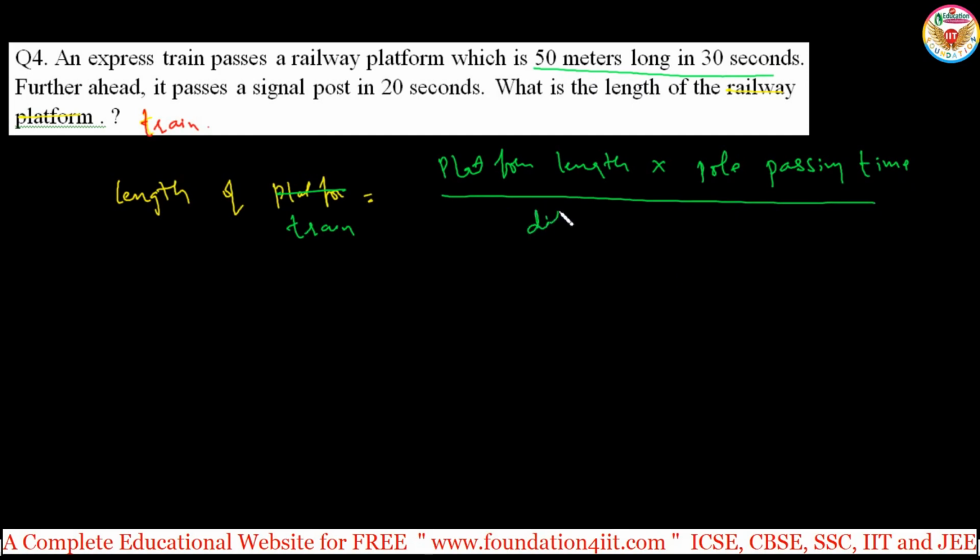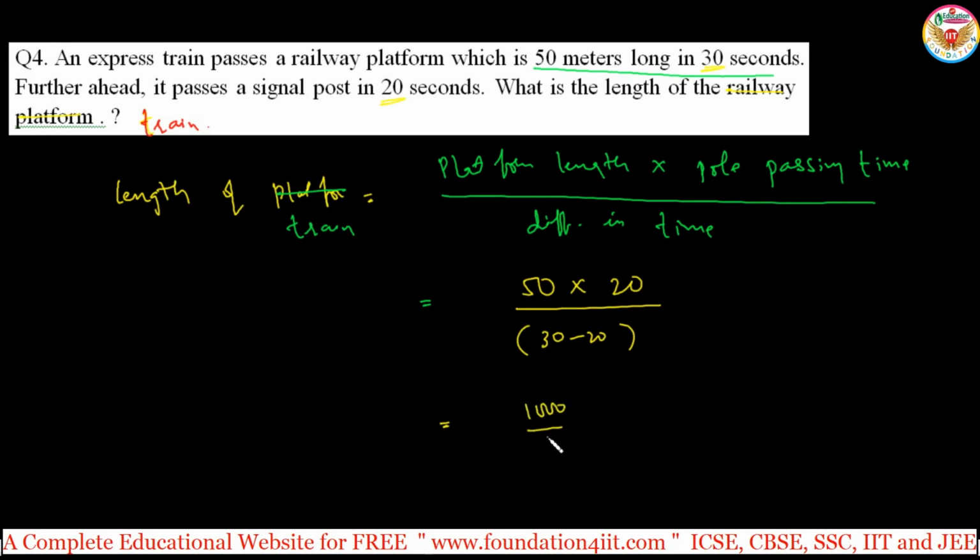So the difference in time, both the times' difference, you can take. So length is 50 and time 20. Platform length is 50, time is 20 seconds, and the difference in time is 30 minus 20. 30 seconds for the platform, and the signal post is 20 seconds. You just calculate, you get the length of the train.